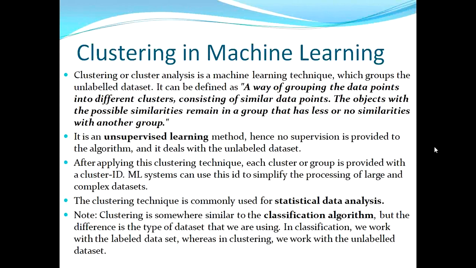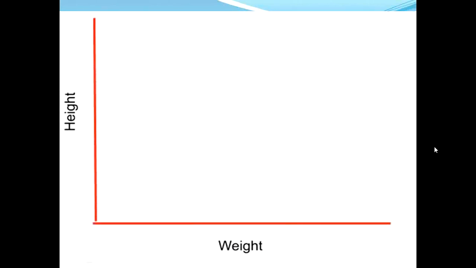Then we could imagine that if we were to plot this height and weight data on a chart, maybe it looks something like this. So weight is on the x-axis and height is on the y-axis.